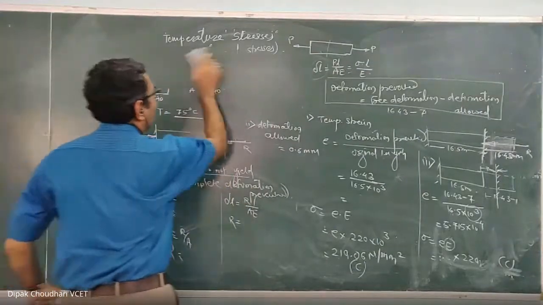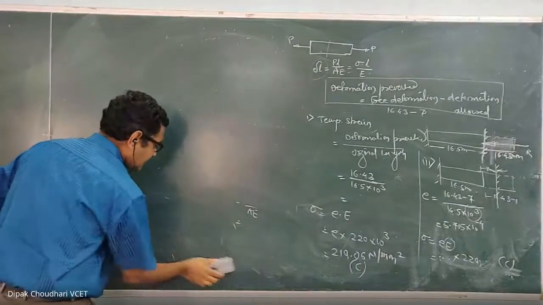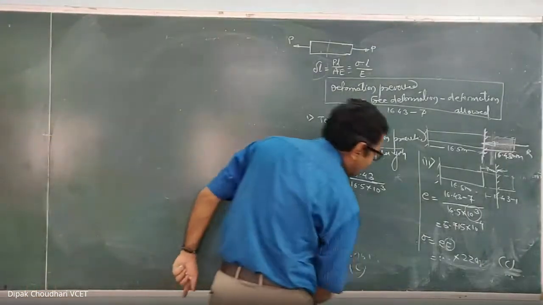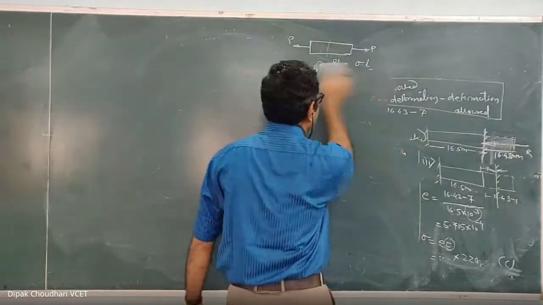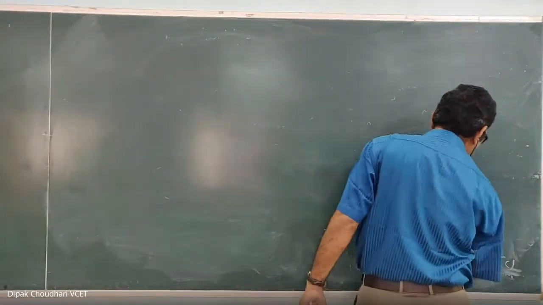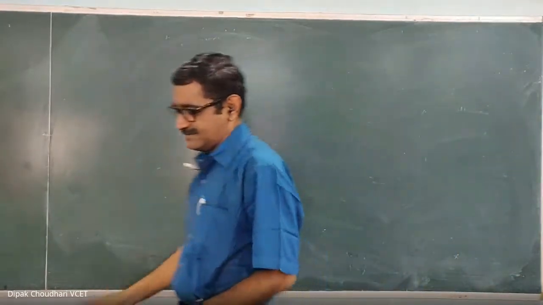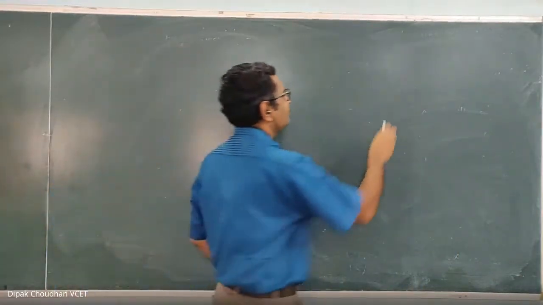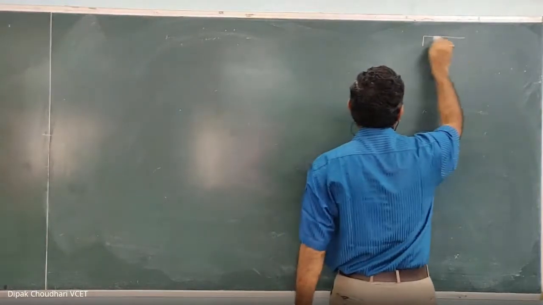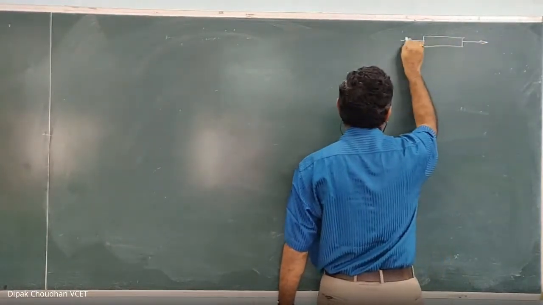Before starting this sum, let me revise one thing again: the deformation of the material because of the axial force. Unmute and tell me the formula to calculate the deformation because of the axial force. Suppose this is one material subjected to some axial force, maybe tensile or compressive.